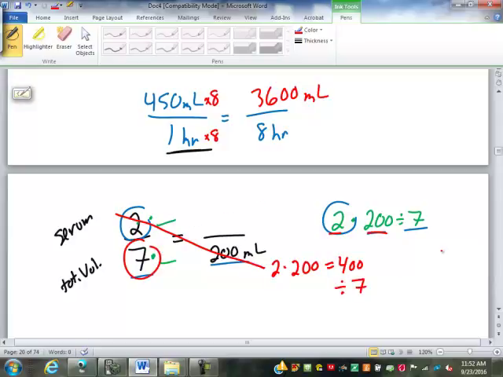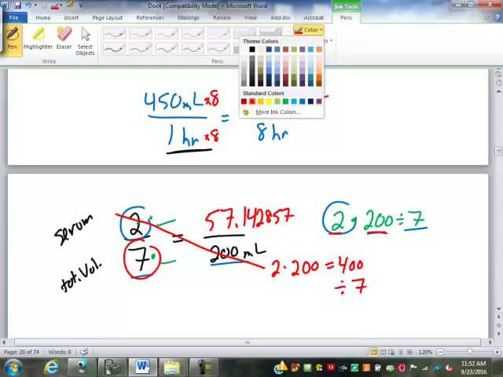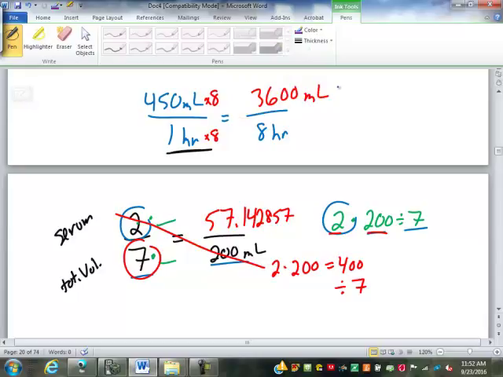Divided by 7. That will give us 57.142857 approximately. So 57.14 milliliters of serum would be required to create 200 milliliters of total solution. Make sense?